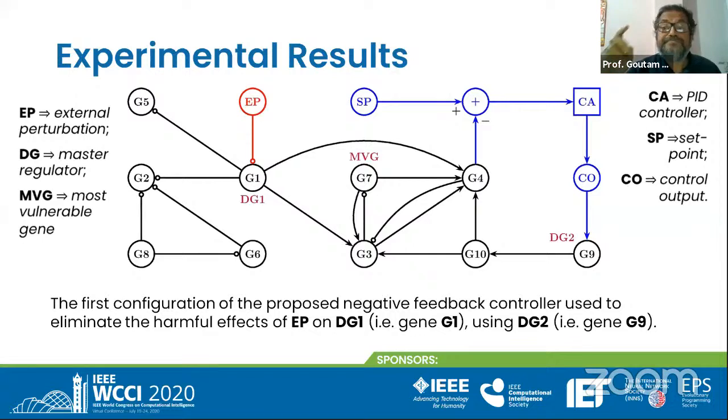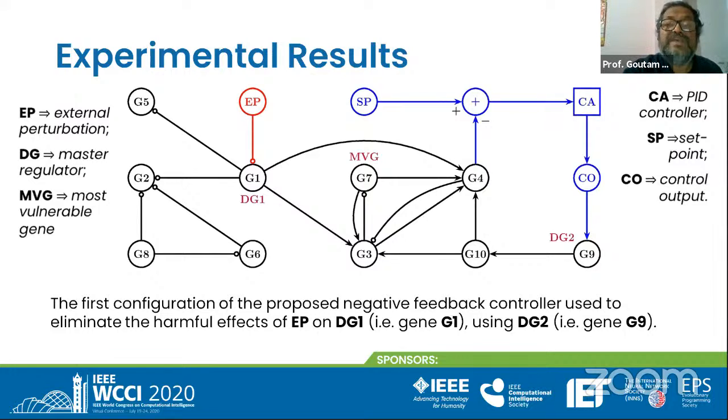Now, what I'm doing, and G4, sorry, I am taking this output from G4. I'm very sorry that I told you G7 is the MBG. No, G4 is the MBG, the most vulnerable gene. It has been disturbed highly, not G7. G4 is the most disturbed gene.